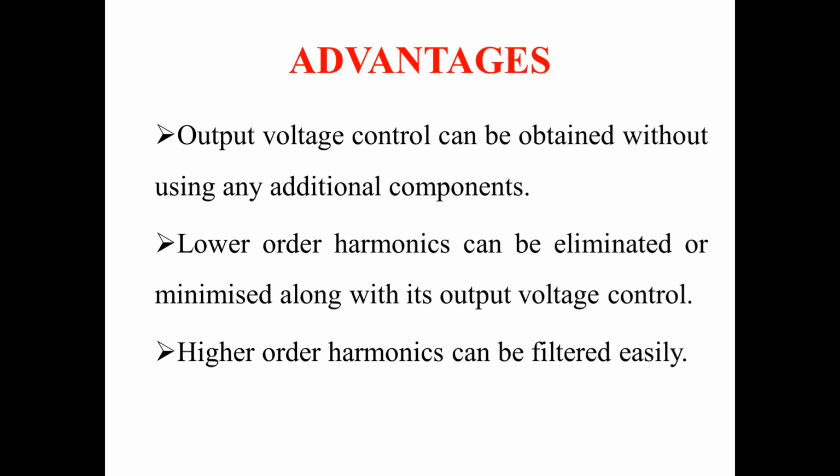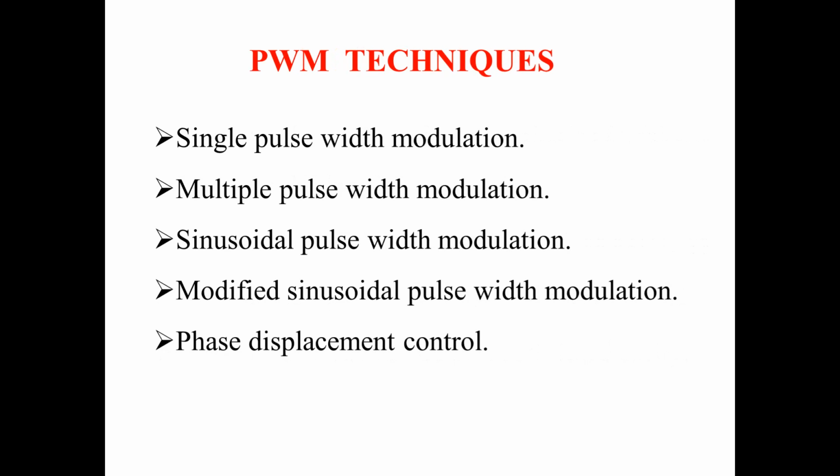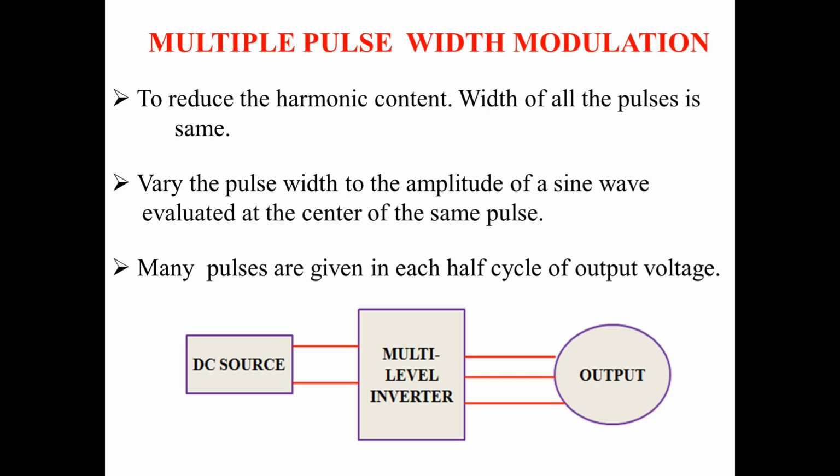One is that SCRs, silicon controlled rectifiers, are very expensive and have low turn-off times. The types are single pulse width modulation, multiple pulse width modulation, sinusoidal pulse width modulation, modified sinusoidal pulse width modulation, and phase displacement control. From these, we are going to see multiple pulse width modulation.